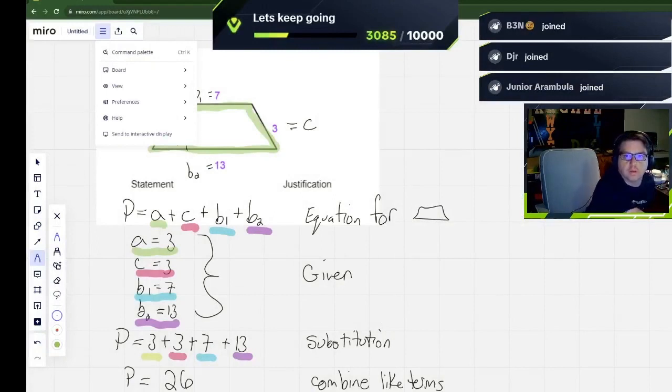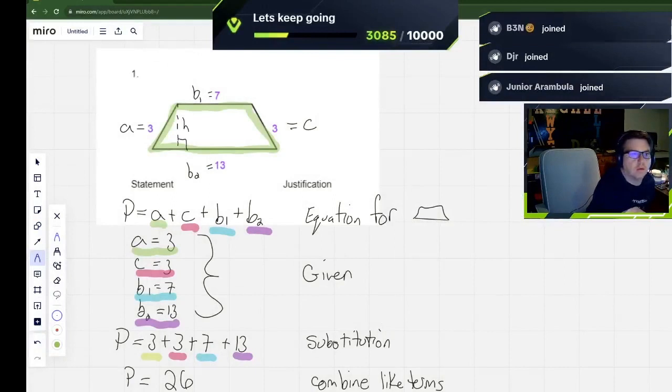Oh, maybe. Oops, no. I'm just seeing if I can move this. Oh. Is that a timer? Oh, nice. Oh, this is pretty slick. I kind of like this. Wow. We might use this in my classroom. I kind of like this.